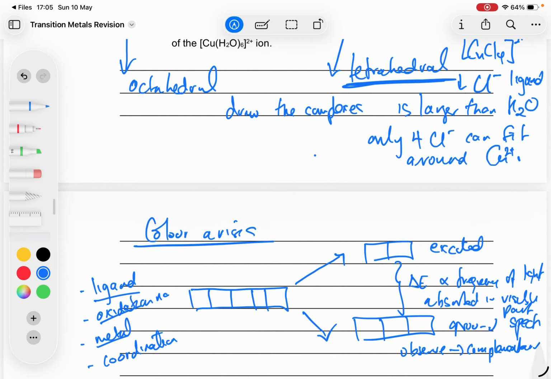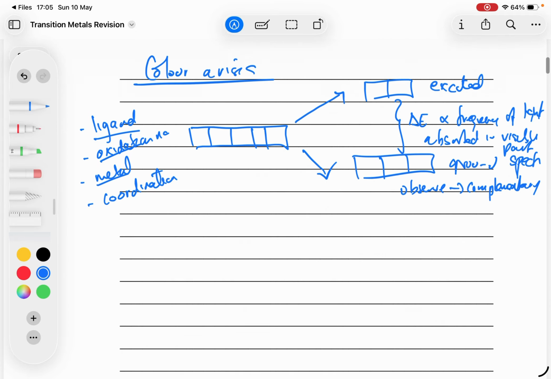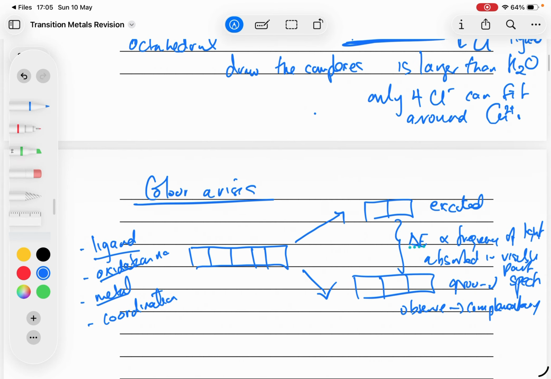You don't have to say that; you could just say the light that is reflected is the color that is not absorbed. So what are the 3 points here? There are 3 points: the splitting of the d orbital, also known as d-d transition, and the difference in energy between the two energy levels.